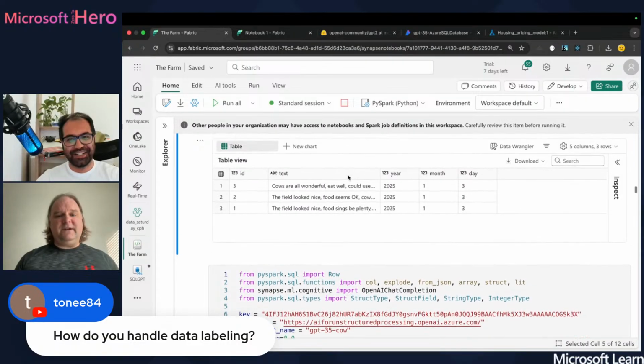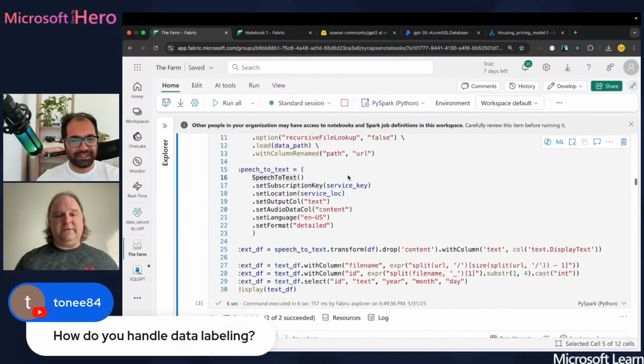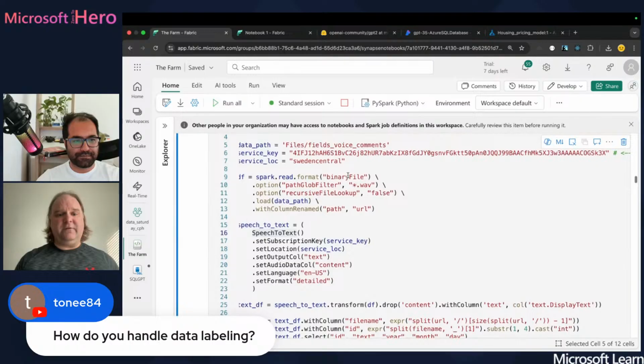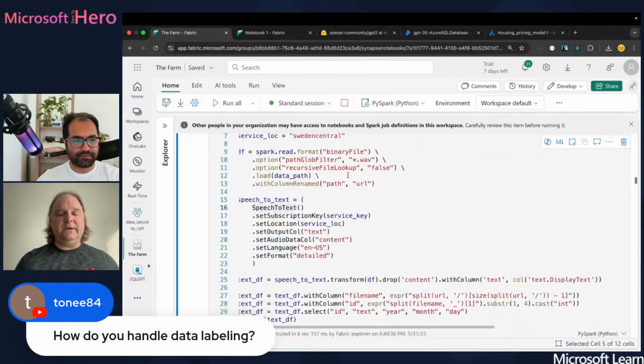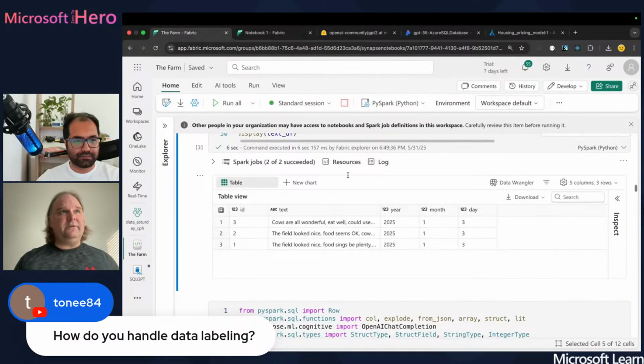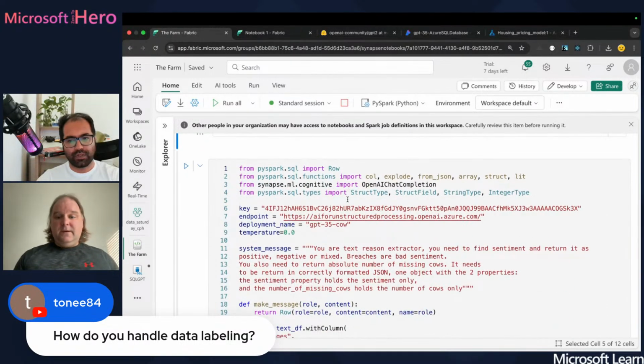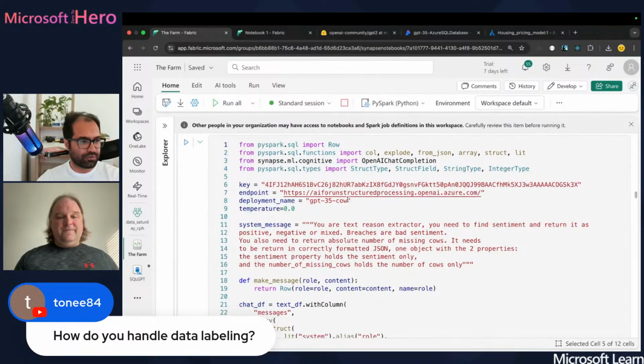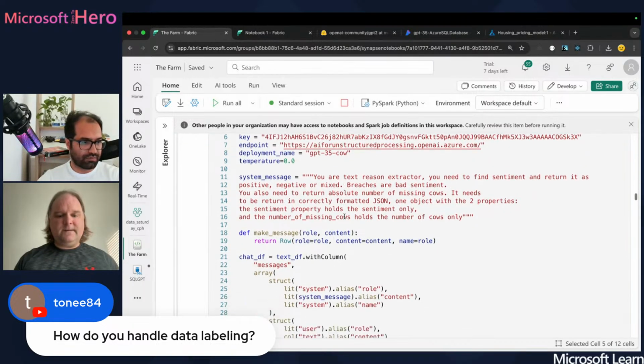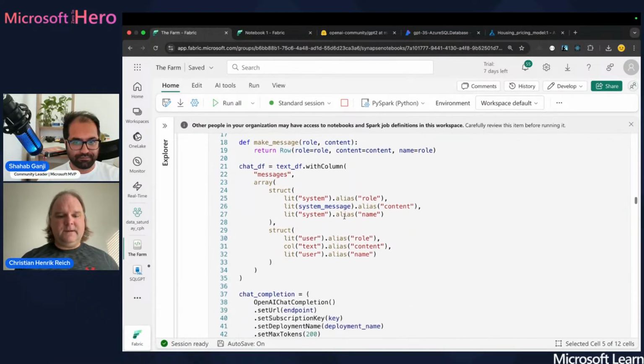But if it's text, I will just send it through cognitive services as well. It can do it. It can also label pictures. So it depends on the data. Okay, but I don't know if Tony got an answer or not yet. But if you have more related questions in this regard, just ask in the chat, and we will bring it up. Yes. Thanks.